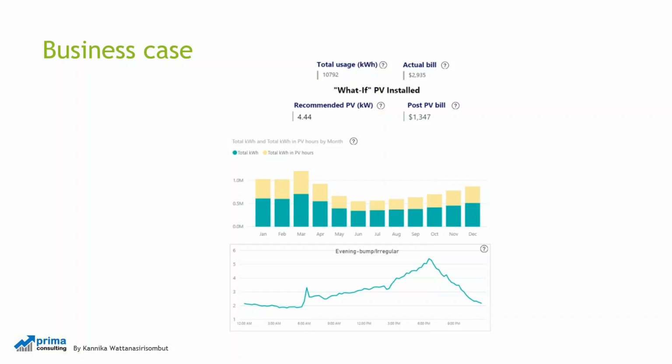And when applied with the particular predictive model, when used the recommended solar system, the bill has reduced to $1,300 or so. That's a significant savings. So this is just a little glimpse of business benefit when combined business intelligence with advanced analytics.